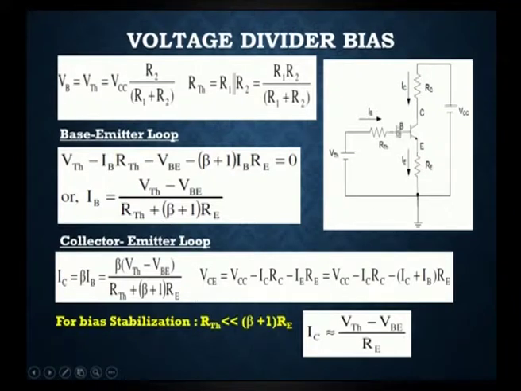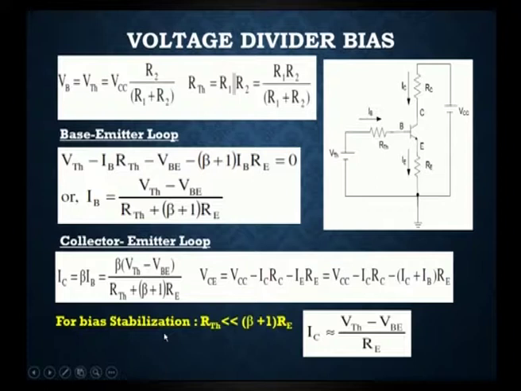Also with KVL for collector to emitter, VCC minus IC into RC minus IE into RE, and we know that IE is equal to IC plus IB, which we substitute for the IE value into RE. This is the expression we got from applying KVL to the collector to emitter loop.